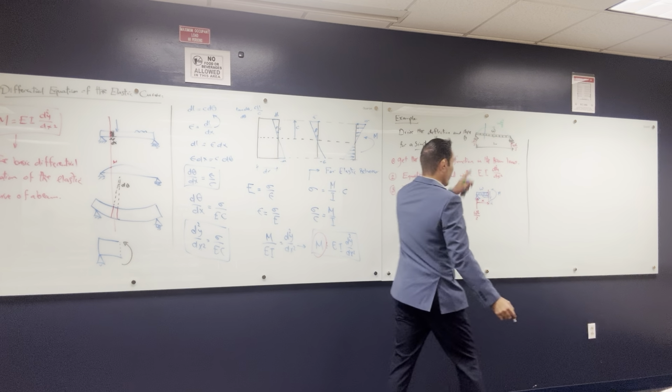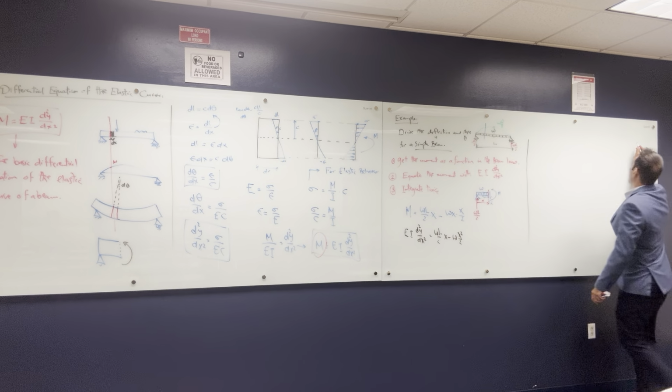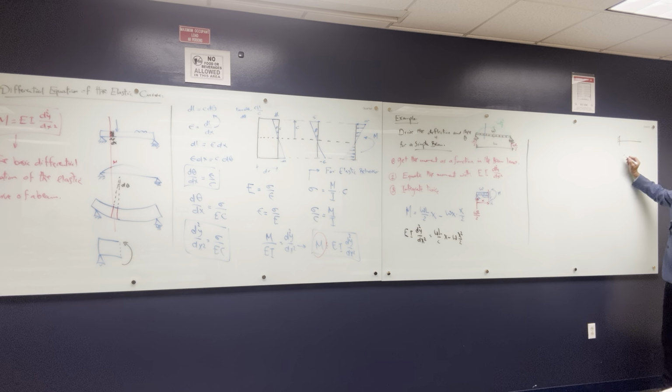By the way, this beam can be a cantilever. Like if you have a cantilever like this and you have a load like this, what you have to do, maybe you make x from here and then get the moment here. So basically it's going to be negative Wx multiplied by x over 2, and that's the moment here.